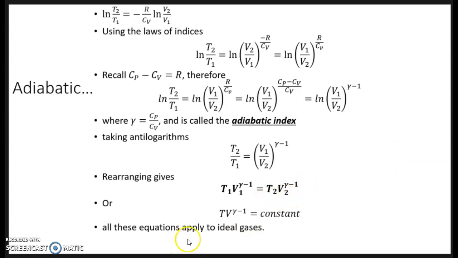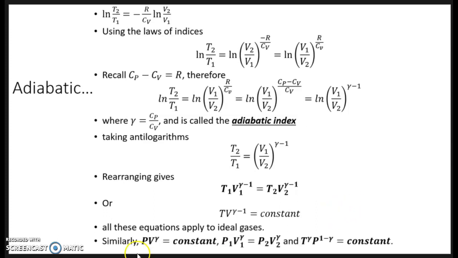All these equations apply to ideal gases. In a similar way, we can derive the relationship between temperature and pressure, and also pressure and volume. So P1 V1 raised to power gamma equals P2 V2 raised to power gamma.